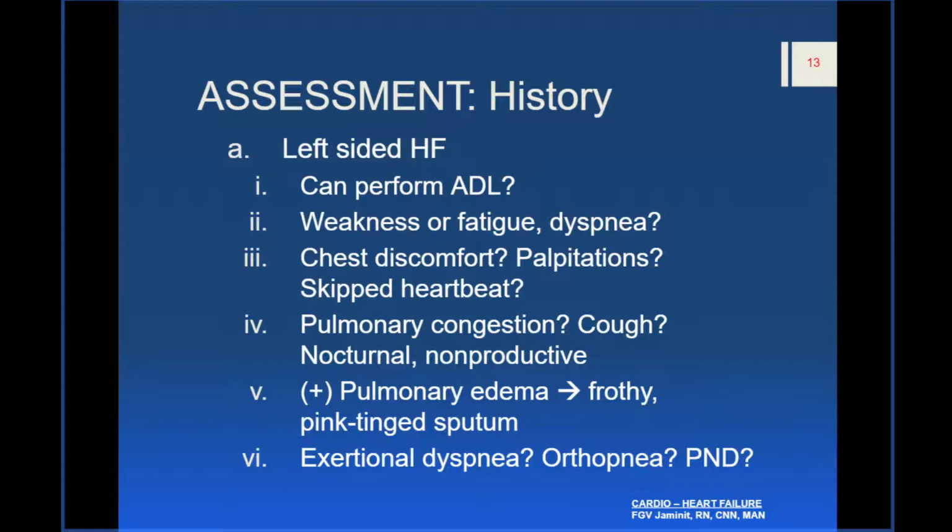Coughing that is not related to infection, rather coughing or presence of crackles due to excess fluid in the lungs. Okay? So if there would be cough, assess also for possible coughing more in the evening or nocturnal compared to the earlier part of the day.